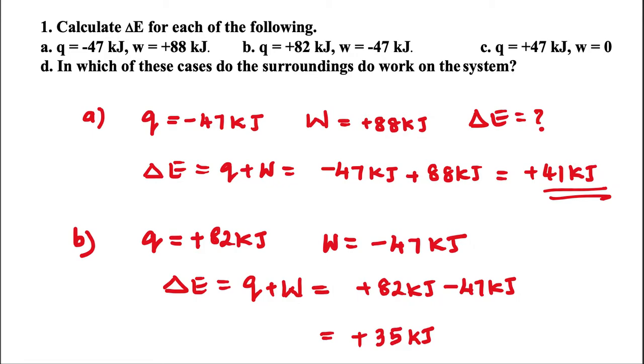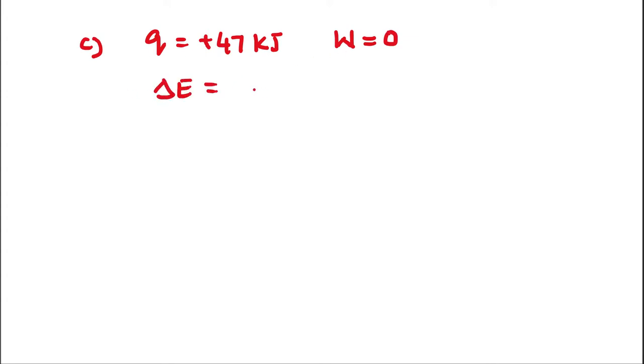Now let's go to the problem C. In problem C, the heat absorbed by the system is 47 and there is no work done. That simply remains in the system. That is Q is 47 kilojoules and the system is not doing any work. Then delta E is equal to 47 kilojoules plus 0.